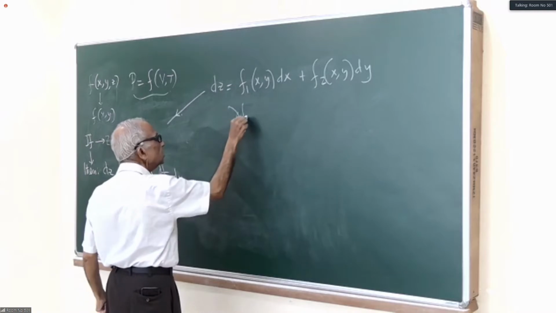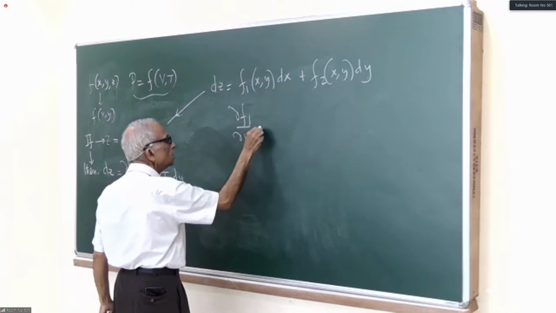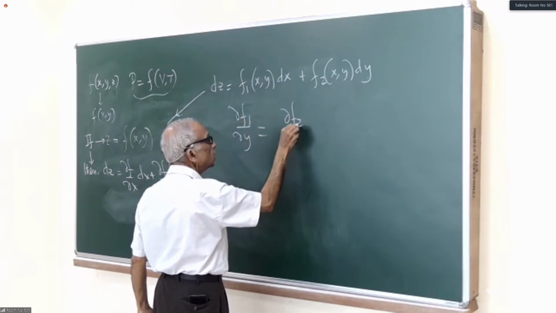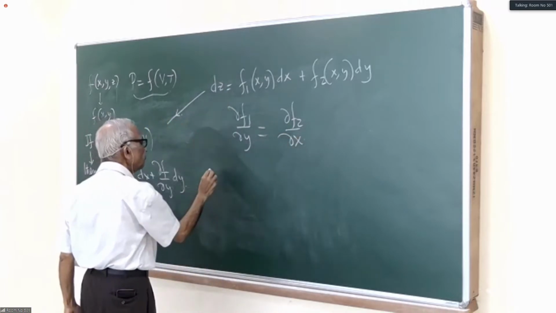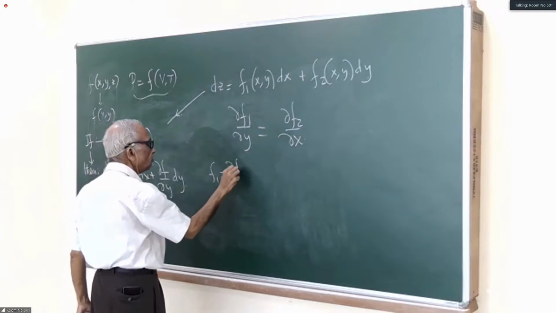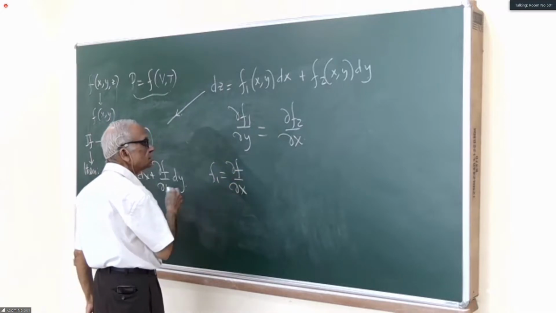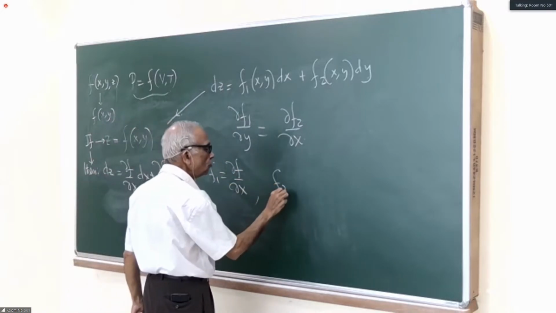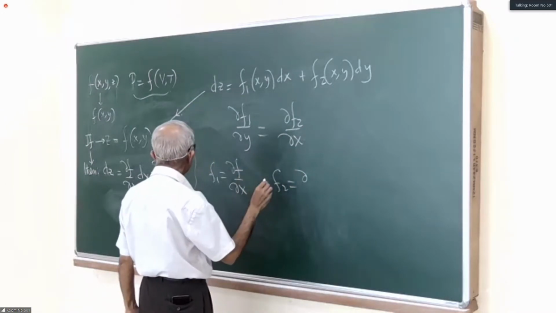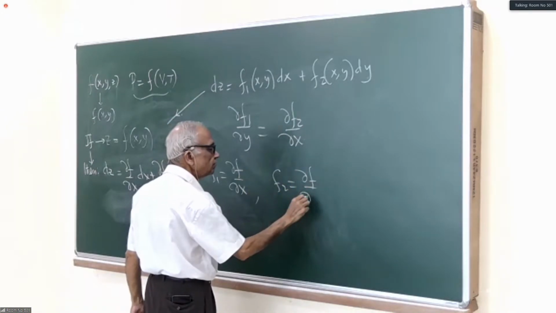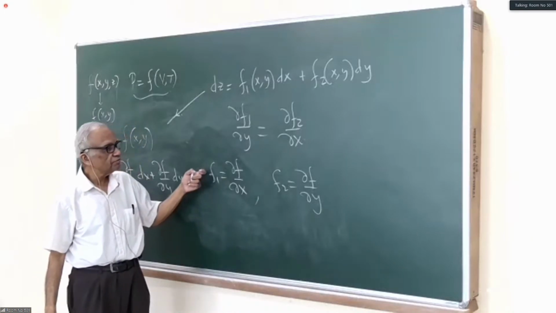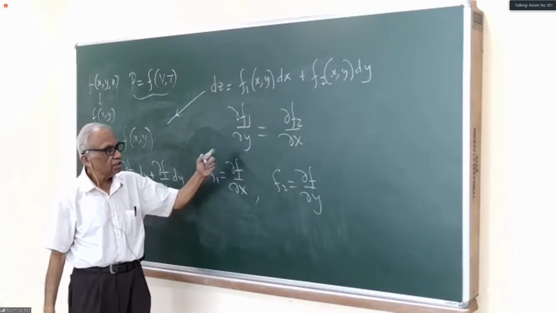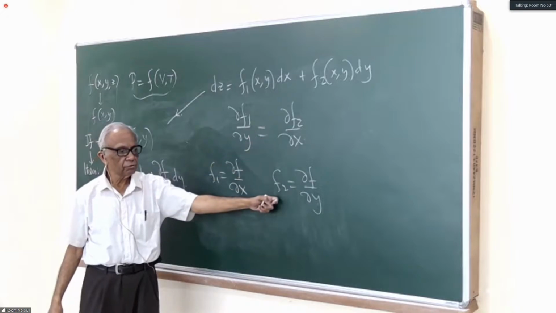If del f1 del y is equal to del f2 del x, because f1 would have to have the form del f del x, and f2 would have to have the form del f del y, and that is ensured if del f1 del y is equal to del f2 del x.